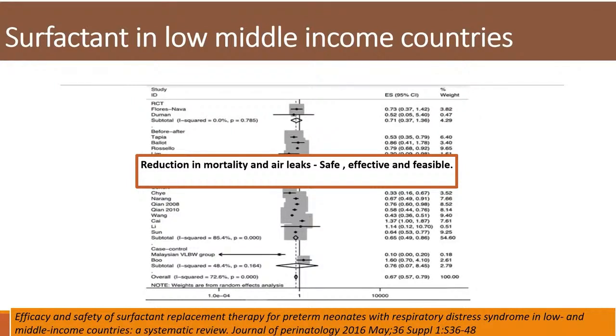So coming to the actual clinical studies, having understood how physiologically surfactant is responsible for benefit in RDS, we look at some clinical data.